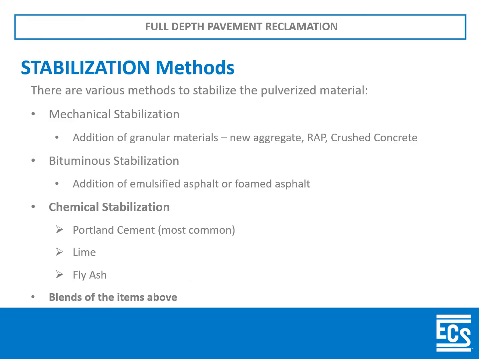Now there are three basic stabilization methods: mechanical, bituminous, and chemical. Chemical is going to be the predominant discussion today because that's the most readily applied across all of the VDOT roadways.